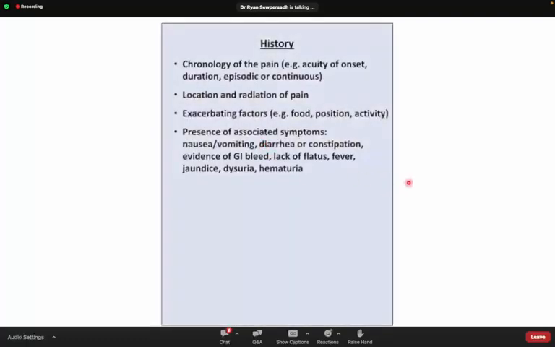You want to ask about the presence of associated symptoms. Here we're talking about things like nausea and vomiting, diarrhea, constipation, evidence of GI bleed. So is there hematemesis, are there melena stools, lack of flatus or passing gas, fever, jaundice, dysuria, hematuria.